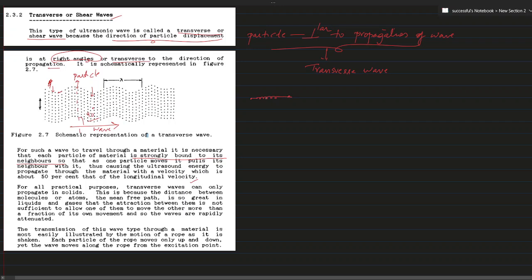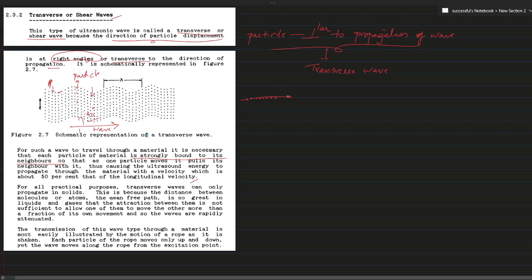Now if this particle got some energy, but there is no strong bond, then it cannot pull this particle. Then there is no transmission of the wave.